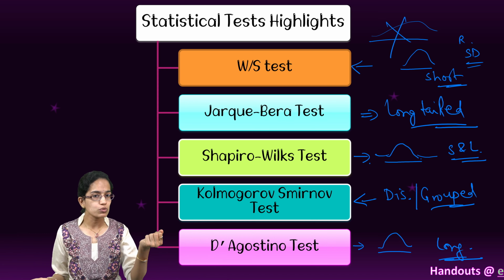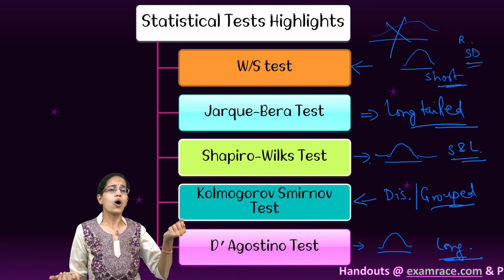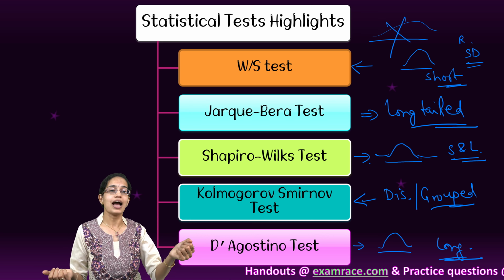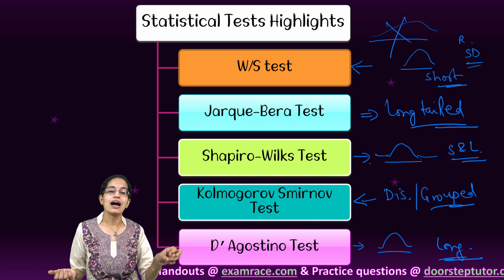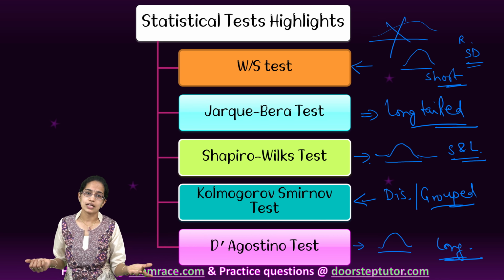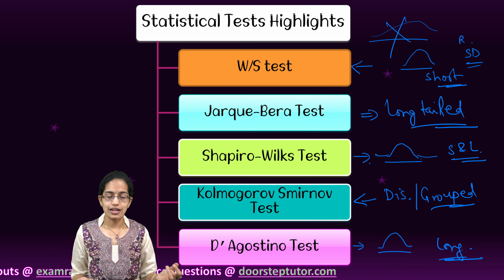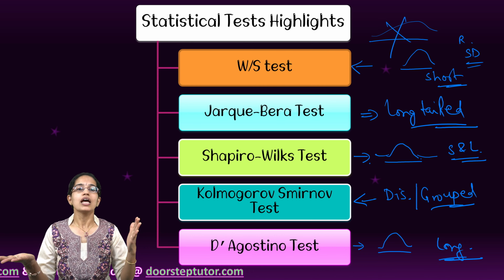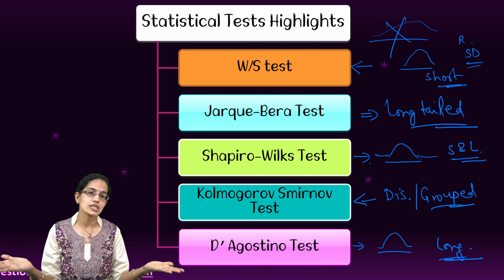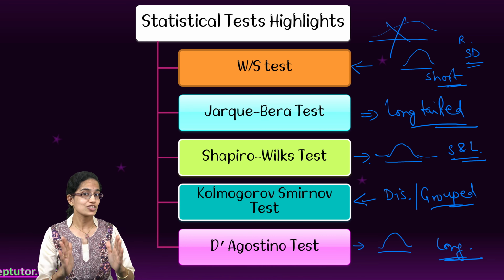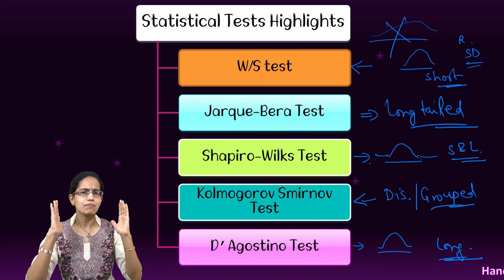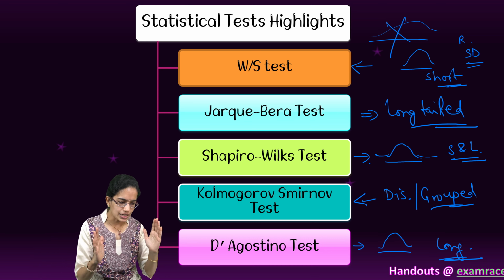It should not be too small, too skewed, or biased. And from the sample we have the actual values. We compare those actual values to the theoretical values, and the difference between those is represented through the test of normality. So this is the basic concept and a basic understanding.